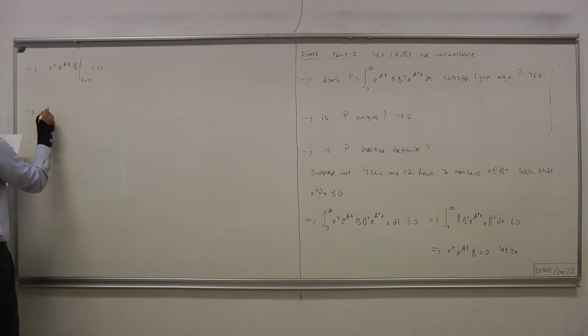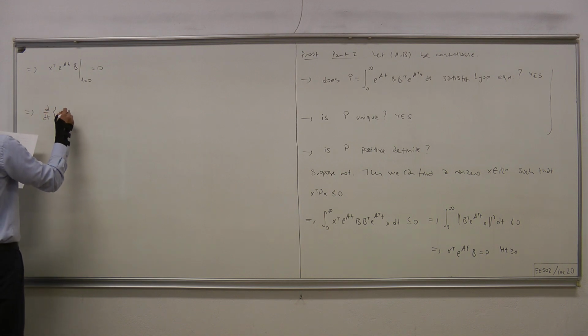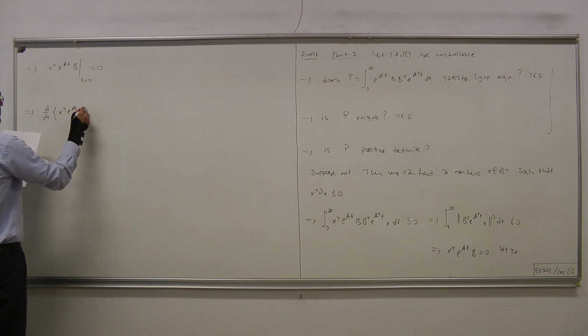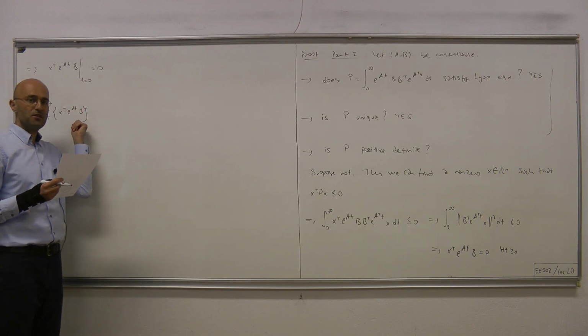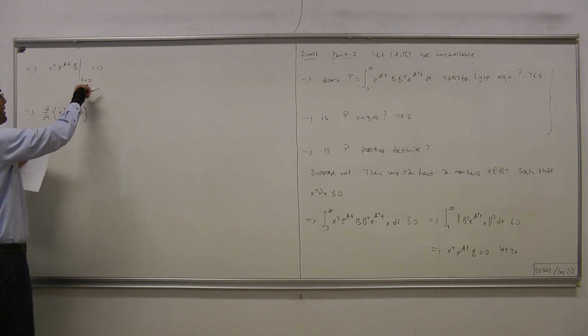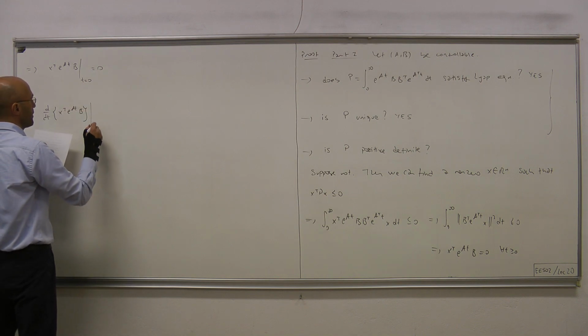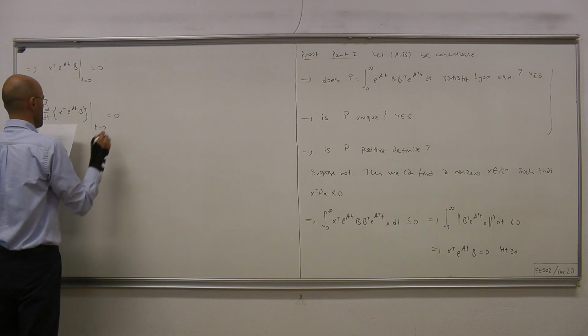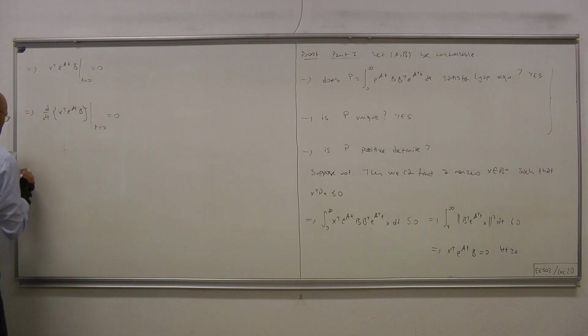So let's also do that, d over dt of X transpose e to the AT B. You evaluate this derivative at t equals 0, that must be 0, and so on up to the n minus first derivative.